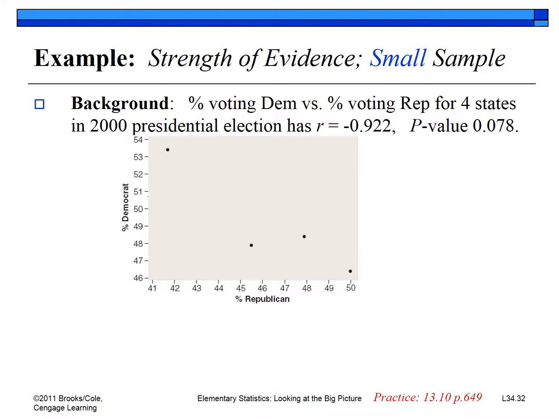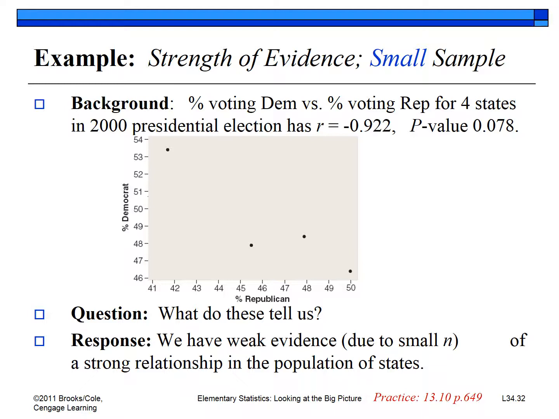So there we see the negative relationship, and it's strong. The p-value, though, is only 0.078. So what we have is evidence of a strong relationship, because R is close to -1, but the evidence that we have is weak. That's because we have a small sample size, a p-value not less than 0.05.